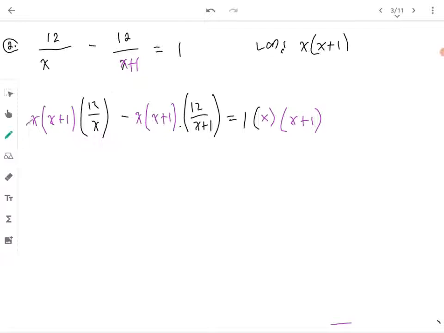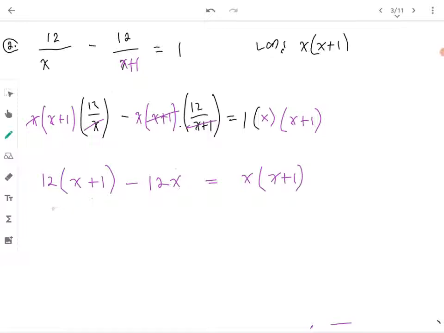So here by cancellation, by division, we have x and x cancel, so this becomes 12 times x plus 1. Cancel out, we have minus 12x. Then we have x squared times x plus 1.